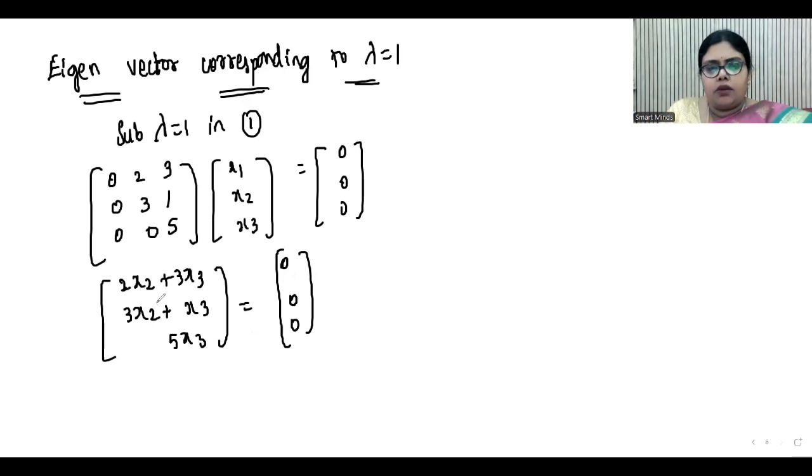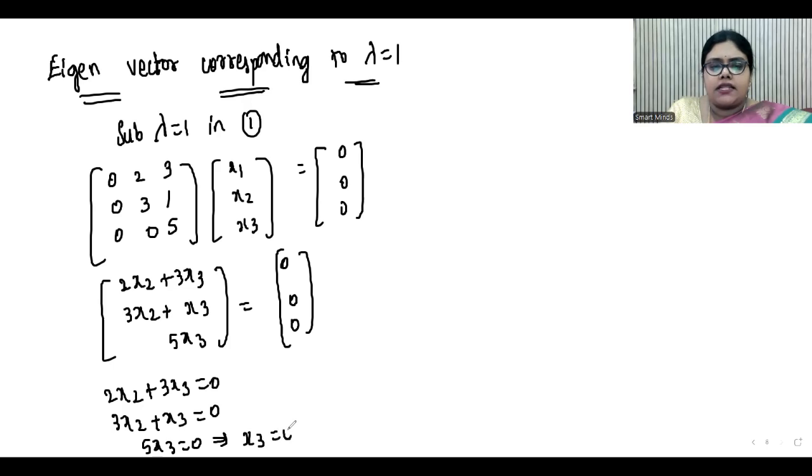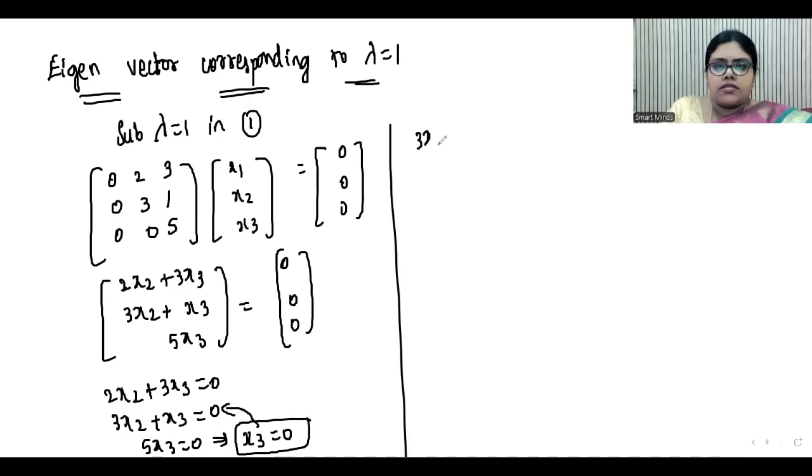Now we can equate the corresponding coordinates. So 2x2 plus 3x3 equals 0, then 3x2 plus x3 equals 0, then 5x3 is 0. From the last equation, we can say that x3 is 0. Now substitute x3 equals 0 in the second equation. So 3x2 plus 0 equals 0, so x2 is equal to 0.